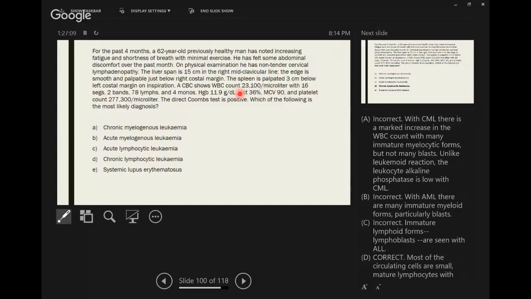Your white blood cell count is significantly heightened. But 16 segs means neutrophils, so the only one you're really concerned about here is your lymphocytes, which are massively enlarged. You've got a normocytic anemia and normal platelets with a positive direct Coombs test. Disregard the Coombs test because that's a rarity.